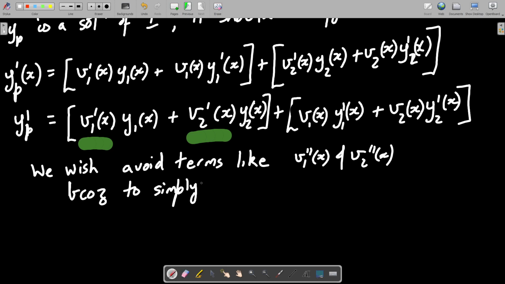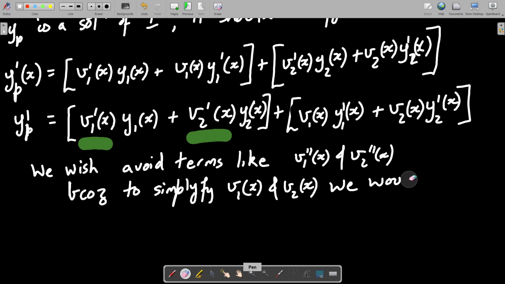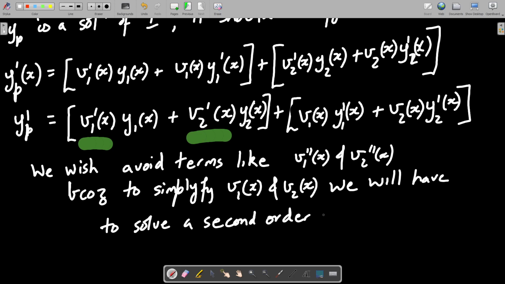To simplify v1 of x and v2 of x, we will have to solve a second order differential equation. It becomes as good as doing the entire problem all over again. So we want to avoid this situation.